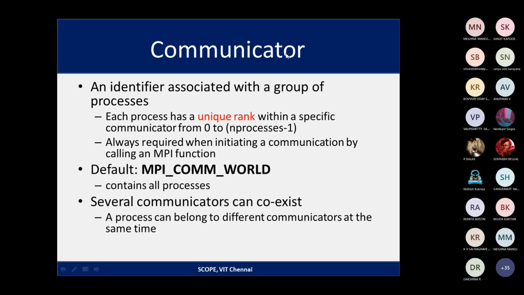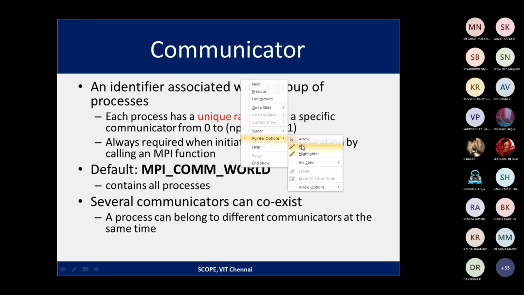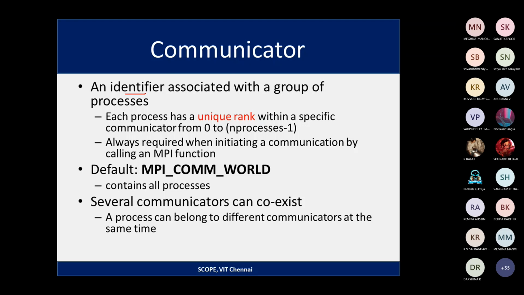And then coming to the communicator, what is the communicator here? Communicator is nothing but the identifier which is associated with a group of processes. And here I already told each process will have a unique rank, and it can vary from 0 to n processes minus 1. It is always required whenever we are initiating the communication by calling an MPI function, that is MPI communicator world.